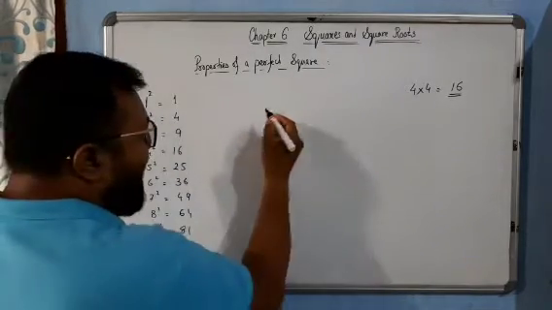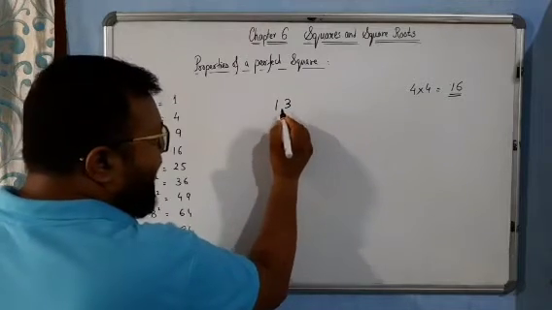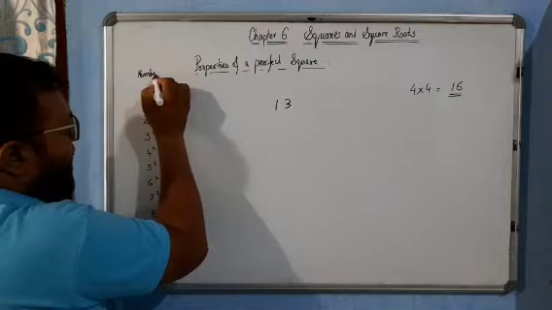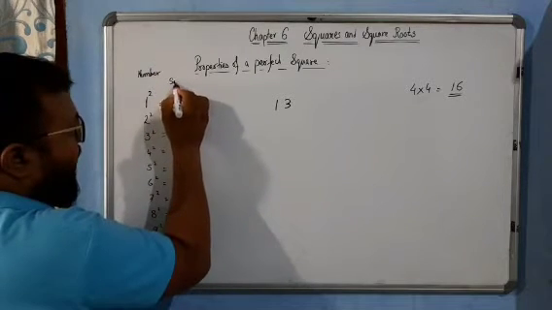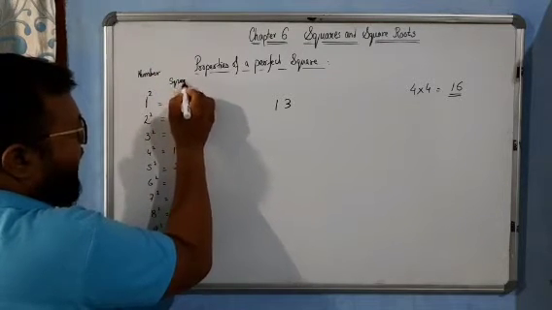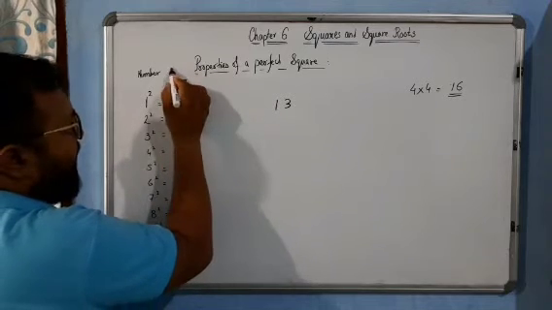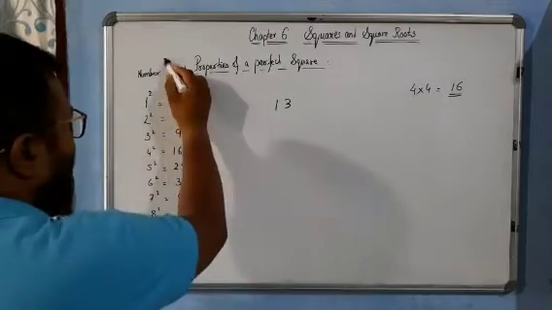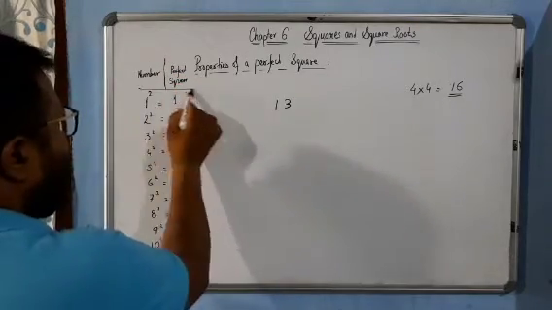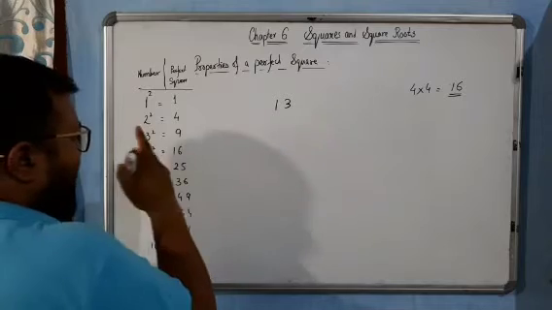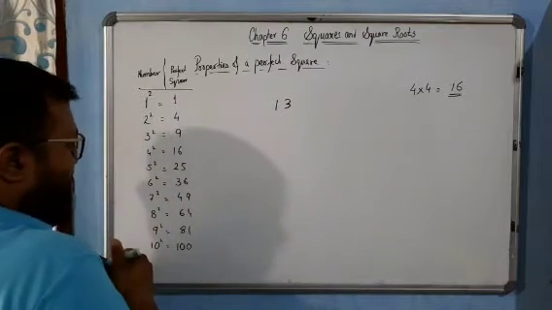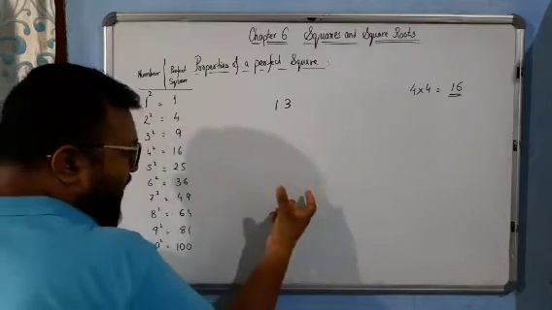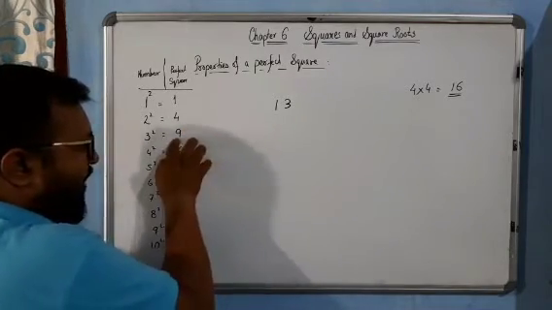Suppose I take 13 as a number, and this one is our square number, or perfect square. Now if we take 3 and square it, you will find that 9 will be at the unit place.